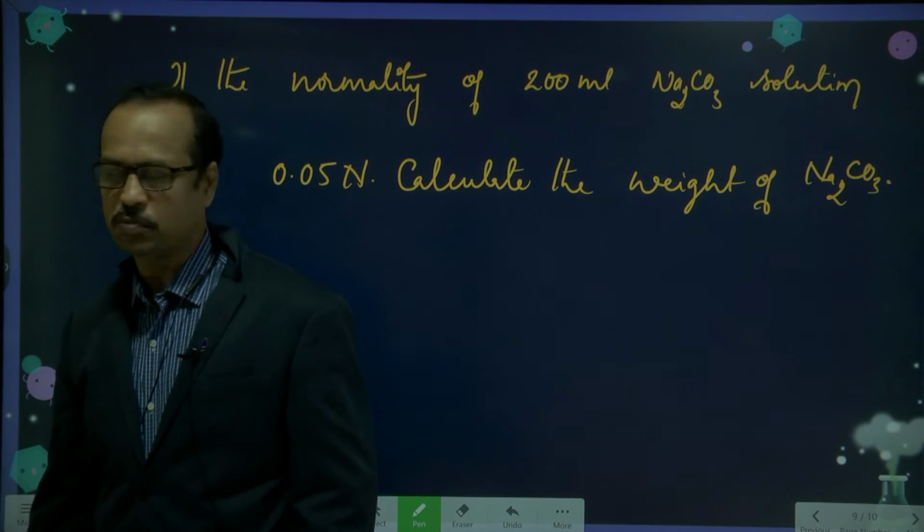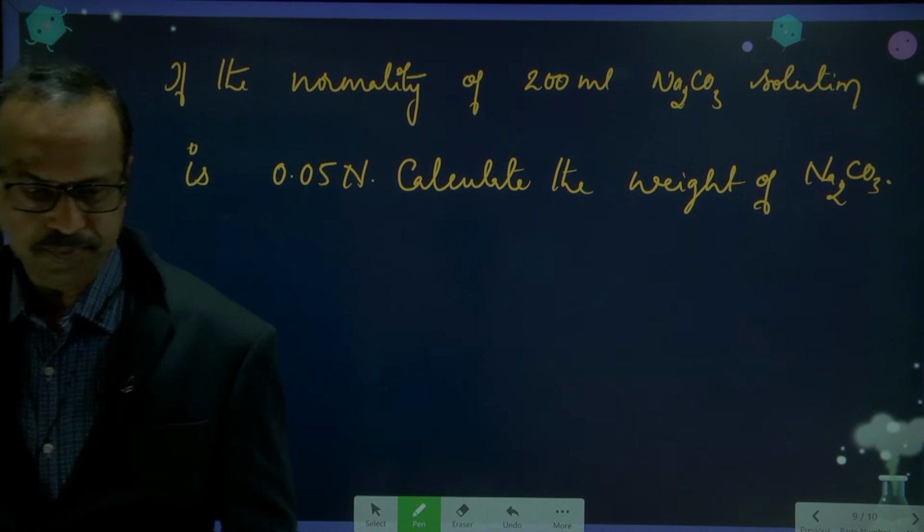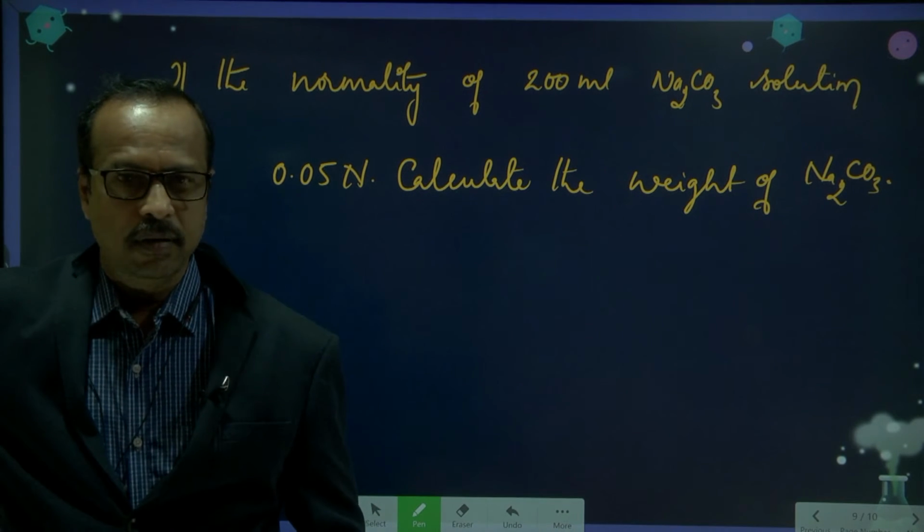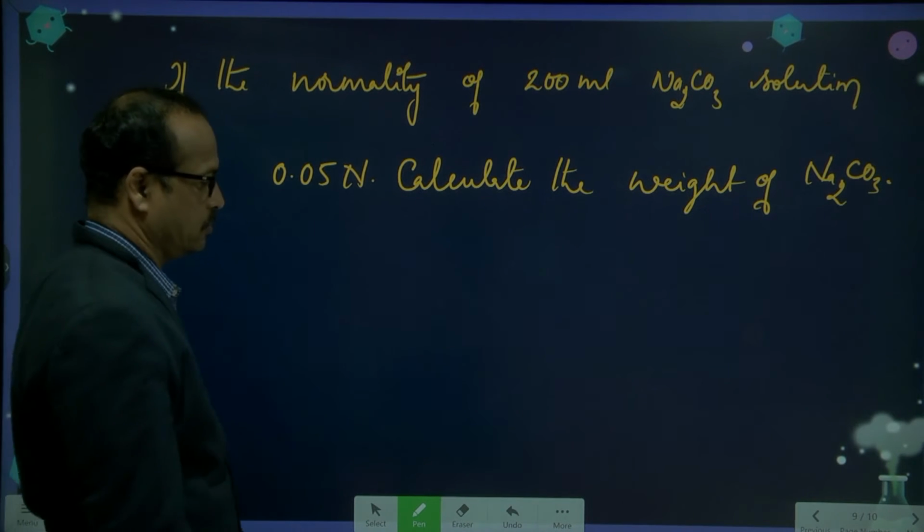After this, you have to solve this problem. Is it done, that problem?